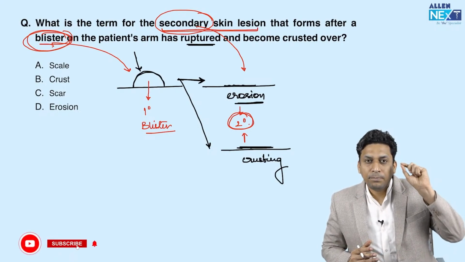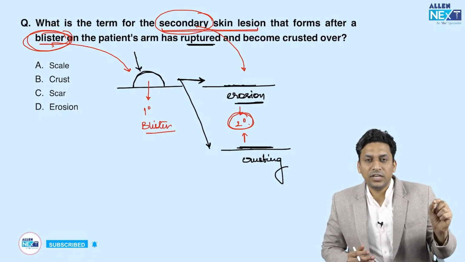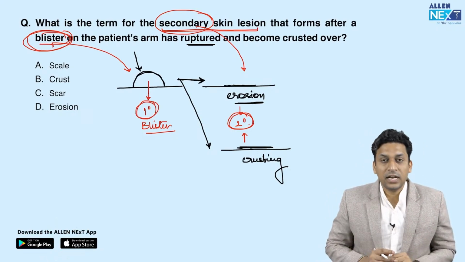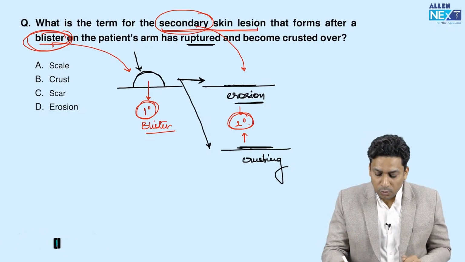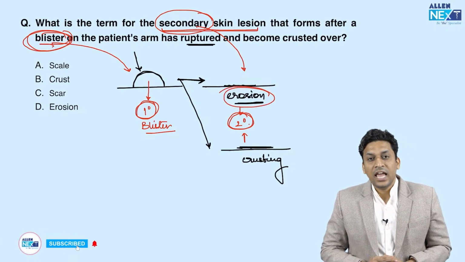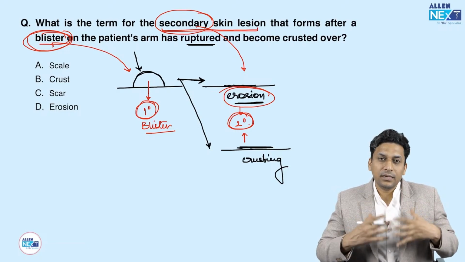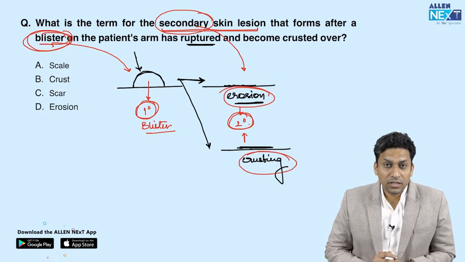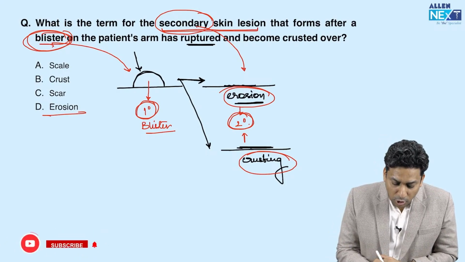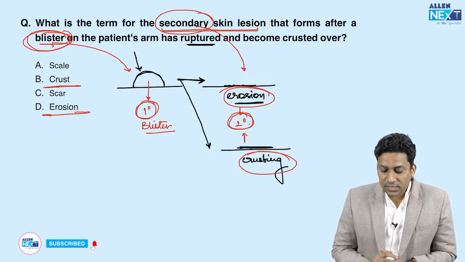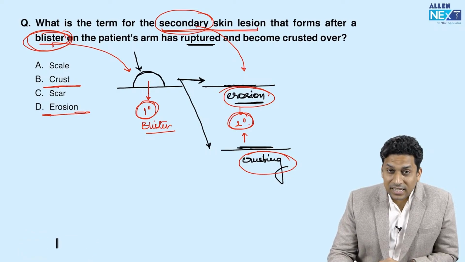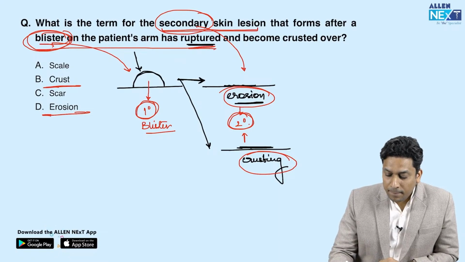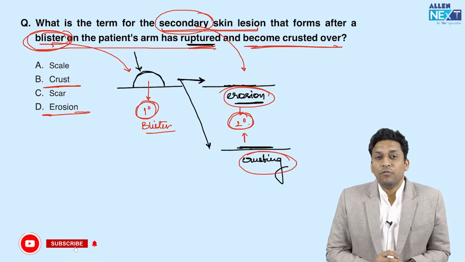Now, if a blister is formed in a blistering disorder, that blister will be the primary lesion, and when this blister ruptures, it forms an erosion. So erosion is the secondary lesion. If instead of erosion, a lot of exudate comes out and forms a crust, then the crust becomes the secondary lesion. So here in the question, because both are there in the options, which one will you choose? They are saying a secondary skin lesion that is formed after the blister has ruptured, before becoming the crust over it.